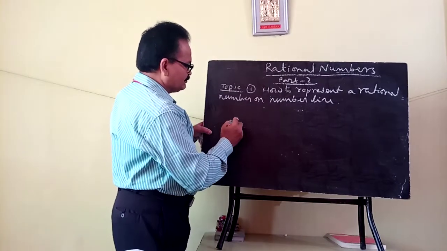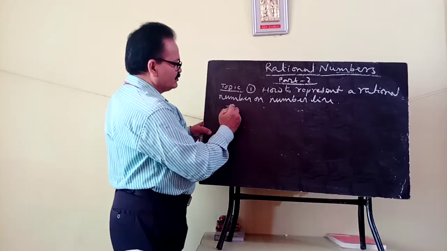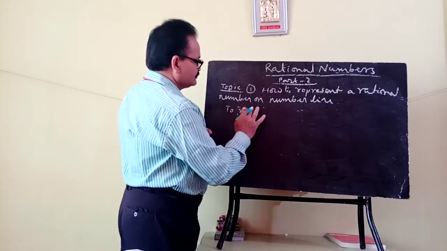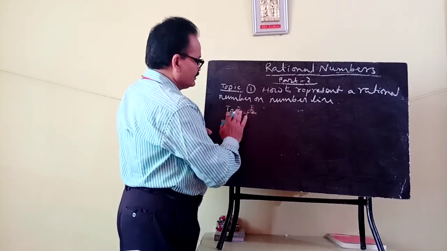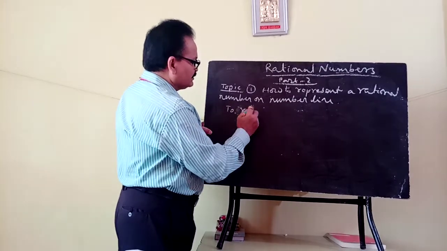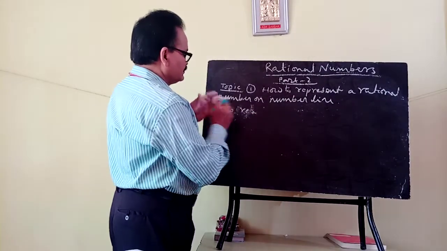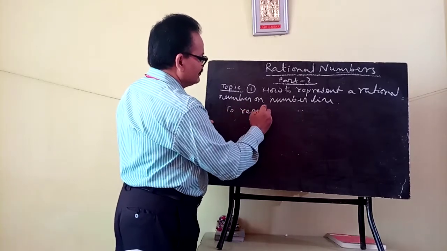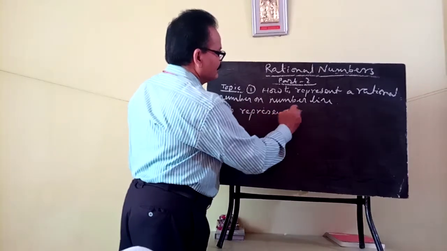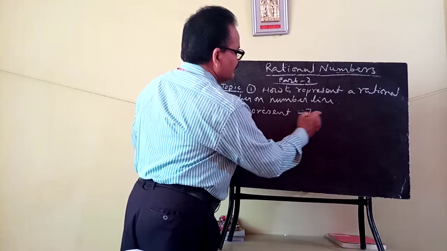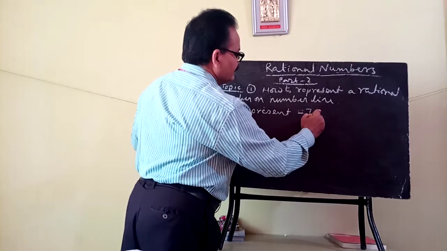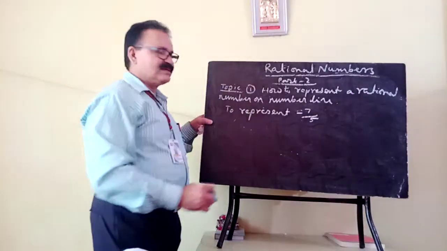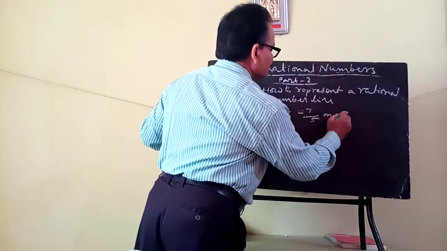Suppose you have to represent minus 7 by 5 on a number line.